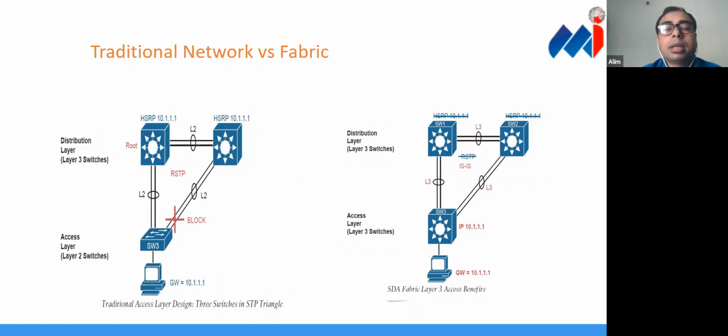Another benefit is that the spanning tree protocol is not working. You know, a spanning tree or rapid spanning tree protocol works at layer 2 of TCP/IP network. Okay, but instead of layer 2 connection, it has improved to layer 3. That means all the devices are working as a router, and routing protocol is working in this network.